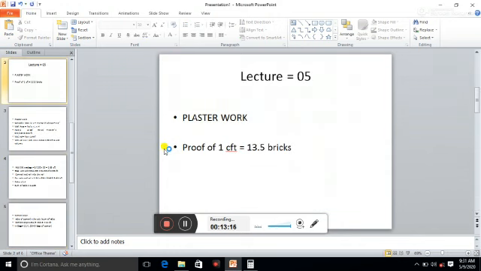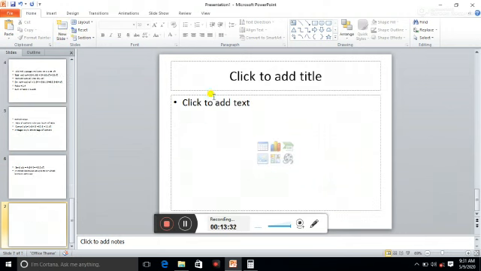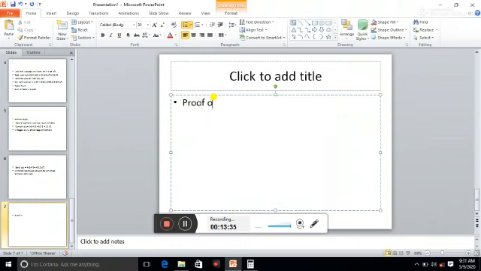Now the next topic is proof of 1 cubic feet is equal to 13.5 bricks, and 1 cubic meter is equal to 500 bricks.